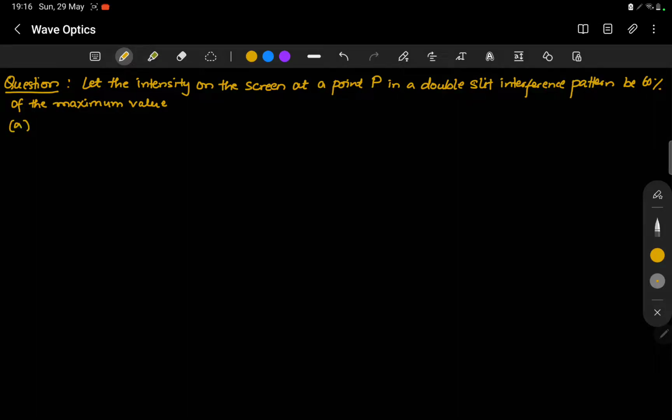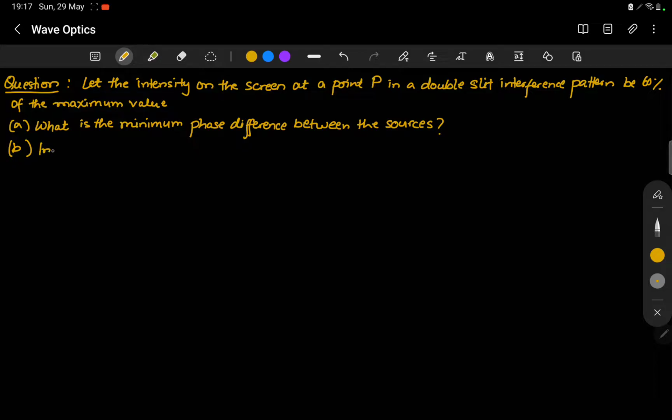So the questions are, there are two parts. In part A, what is the minimum phase difference between the sources? These sources are basically from the two slits.